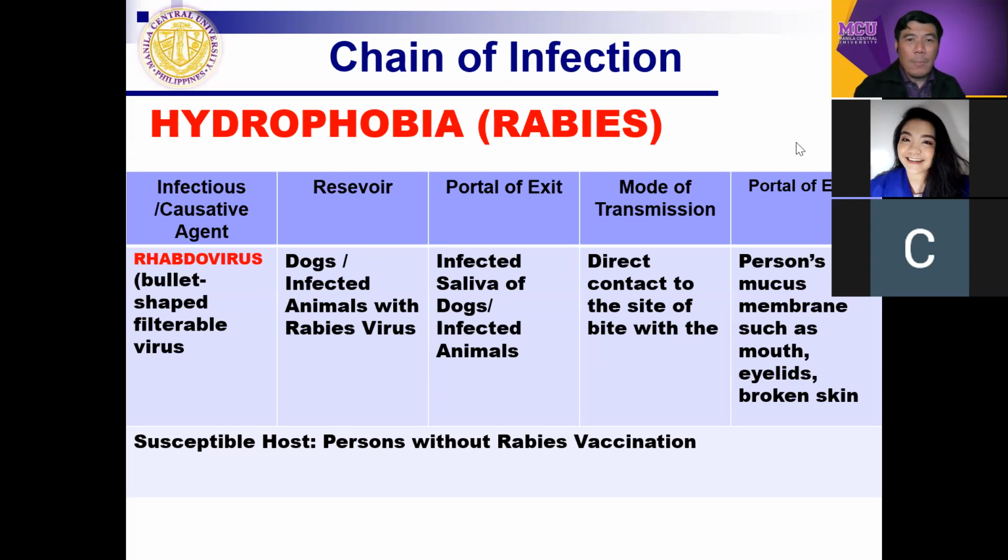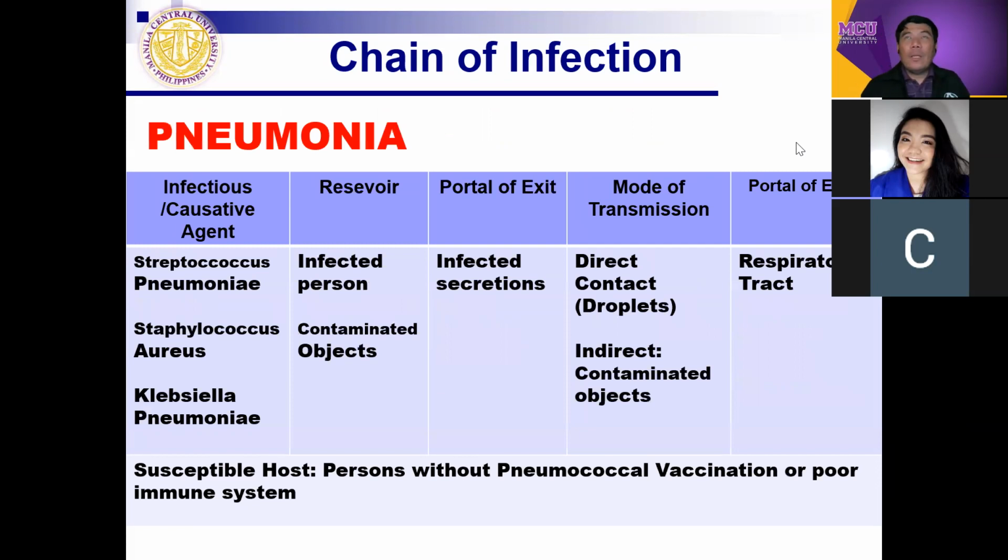Okay? So let us apply naman to pneumonia. When we go back to the discussions of periods of disease, sa pneumonia naman, the incubation period is 1 to 3 days. Sa prodromal naman, when it appears that the patient has fever. Pagka period of illness, the person already has the rusty sputum.